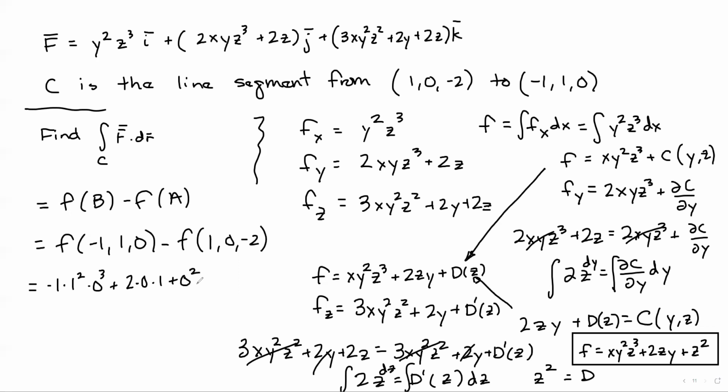That's this, minus parentheses. Then we're going to have 1 times 0 squared times -2 cubed plus 2 times -2 times 0 plus -2 squared.